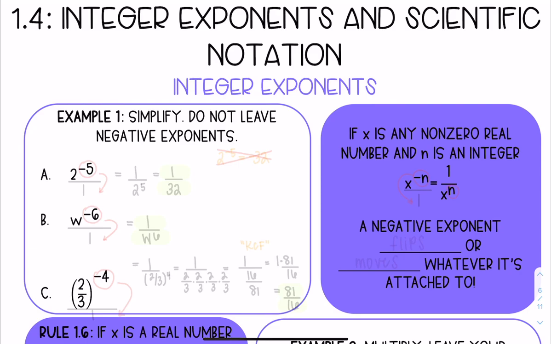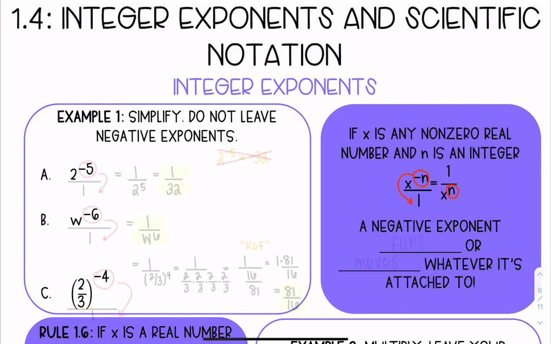and n is an integer, then x to the negative n equals 1 over x to the n. So remember, we can always write a denominator of 1 if there's no denominator written. And so what this rule says is anything to this negative n power, we can flip it across the fraction bar to make it positive.